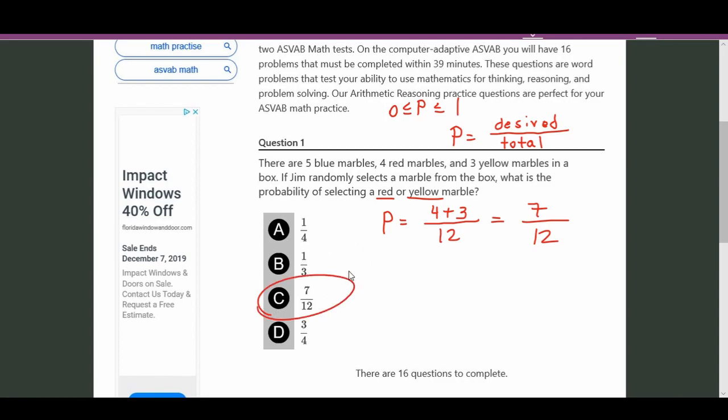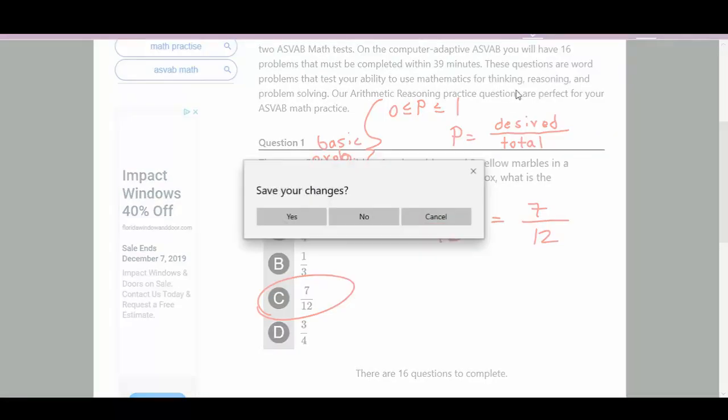We can't reduce this any further since there's no common factor among 7 and 12. So our final answer is 7 over 12. As long as you know these two things about basic probability, you should be able to get any of these questions right. Okay, so that's that one.